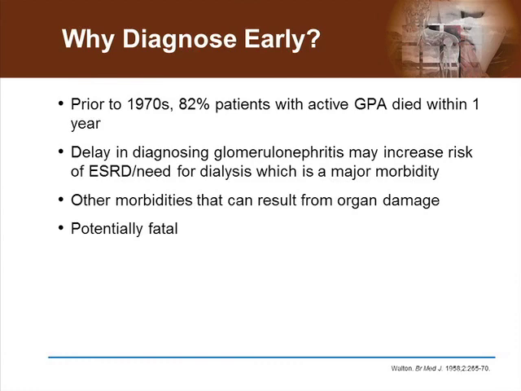Also, we know that the delay in diagnosing glomerulonephritis is associated with an increased risk of developing end-stage renal disease and the need for dialysis, which is a major morbidity and is associated with its own complications. Other morbidities that can result from organ damage can also leave the patient with a significantly impaired quality of life, such as alveolar hemorrhage that can lead to pulmonary fibrosis, or nerve damage that can lead to persistent neurologic deficit. And finally, these diseases are severe enough that they can also be potentially fatal.